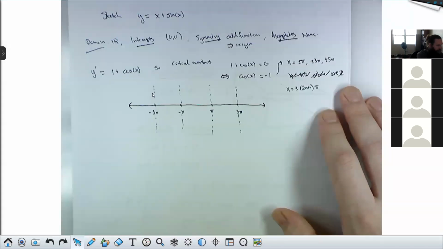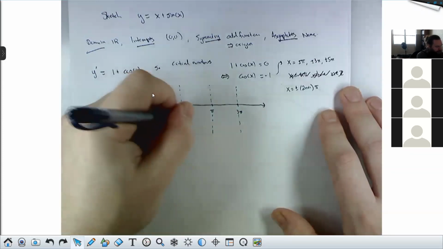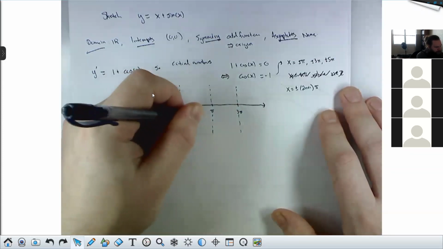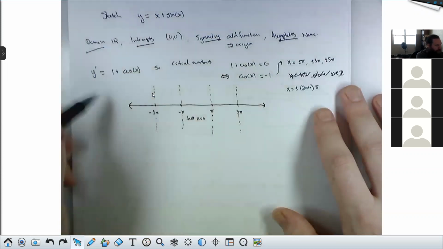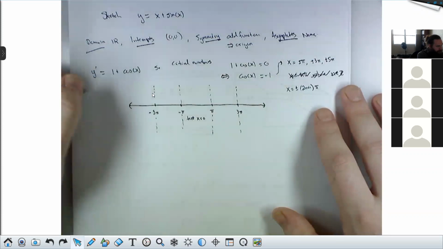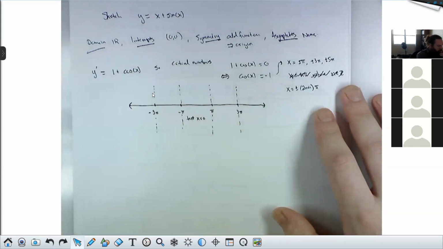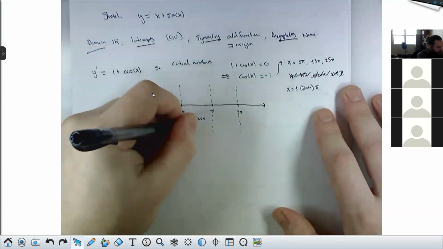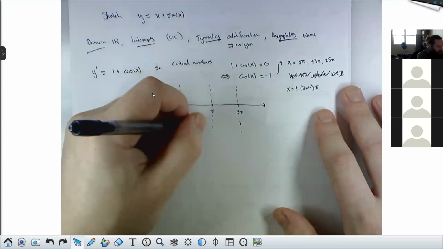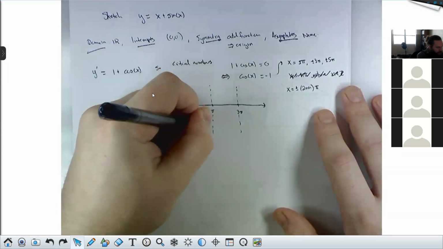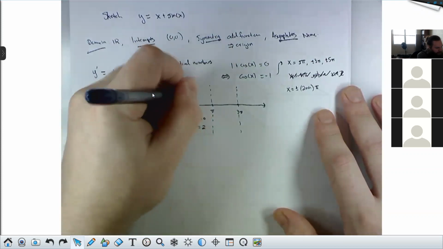All right. If you test like 0 in here, then y prime at 0 is 1 plus the cos of 0. The cos of 0 is 1, so that's 2, which is positive.